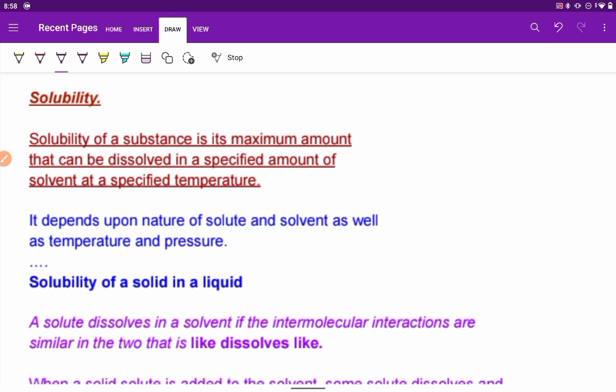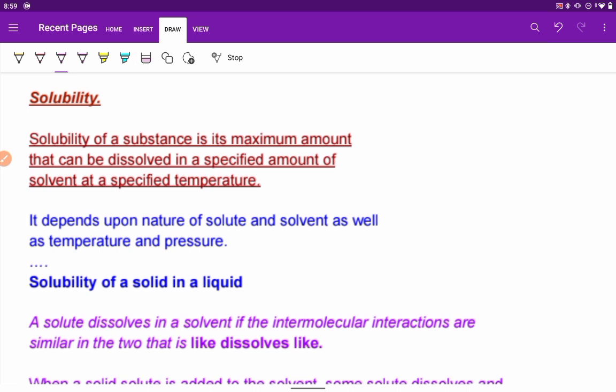For example, we know that sodium chloride dissolves easily in water, sugar dissolves easily in water, but if we try to dissolve naphthalene, it will not dissolve in water. But naphthalene will easily dissolve in benzene. Naphthalene can dissolve in benzene very easily, but sodium chloride will not dissolve in benzene.